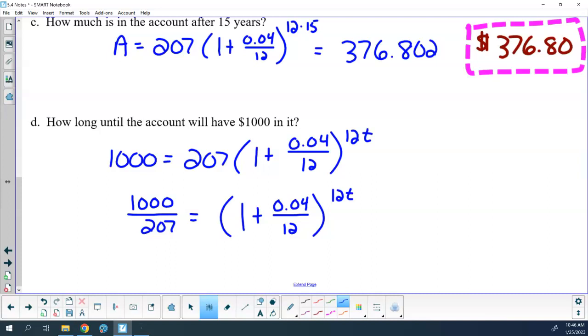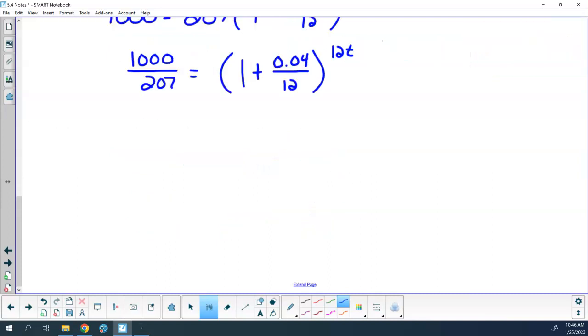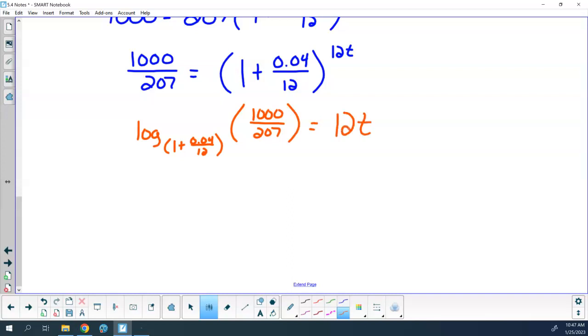Then I can switch forms with it. Figure out what that log is equal to.